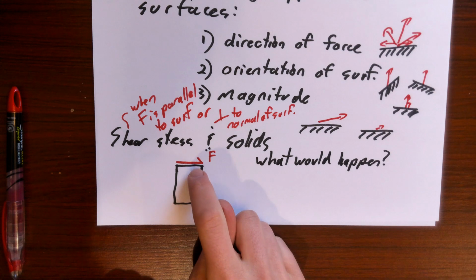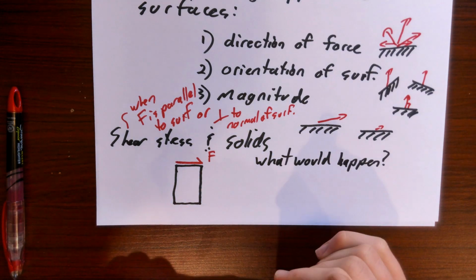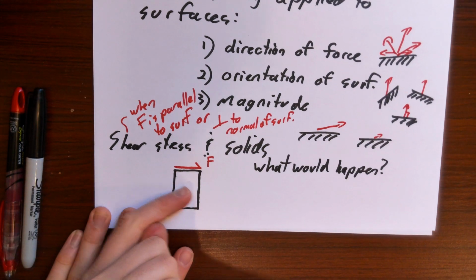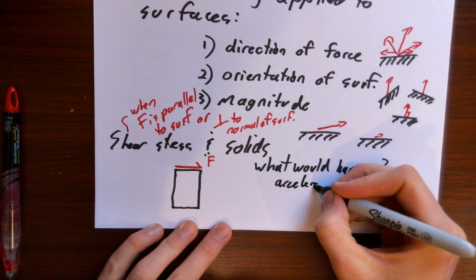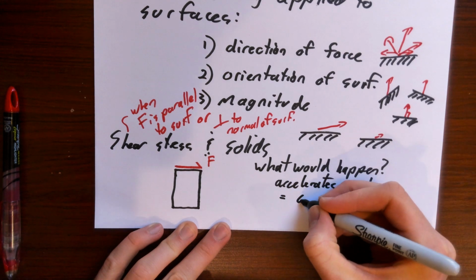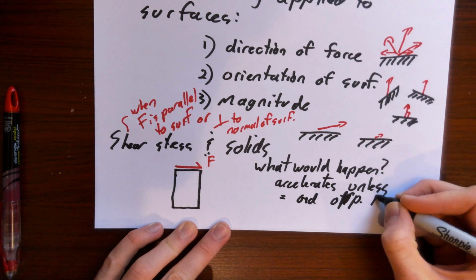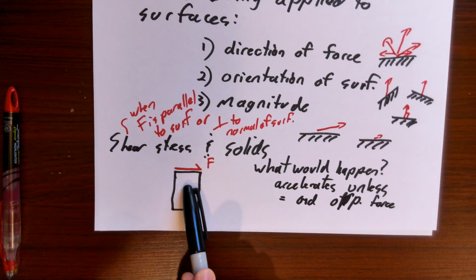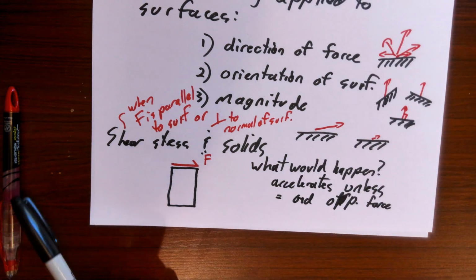If we dust off our mechanics notes, if I apply a force to an object, that object is going to accelerate, unless an equal and opposite force is also applied, right? So if I applied a force like this, the object would shoot off to the right. It would accelerate off to the right.